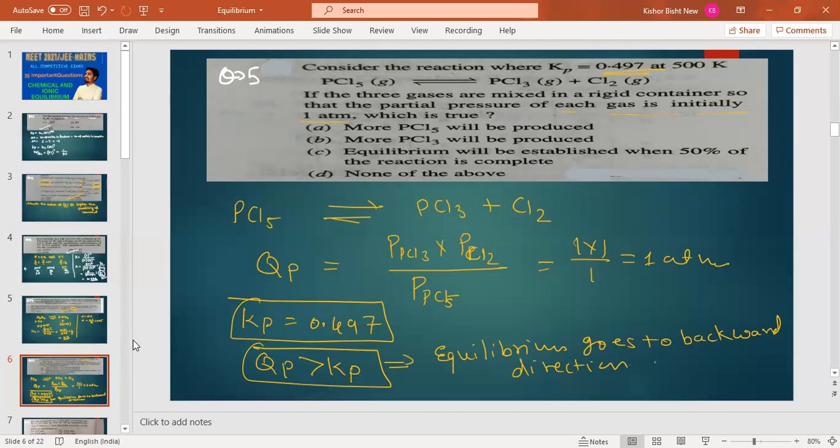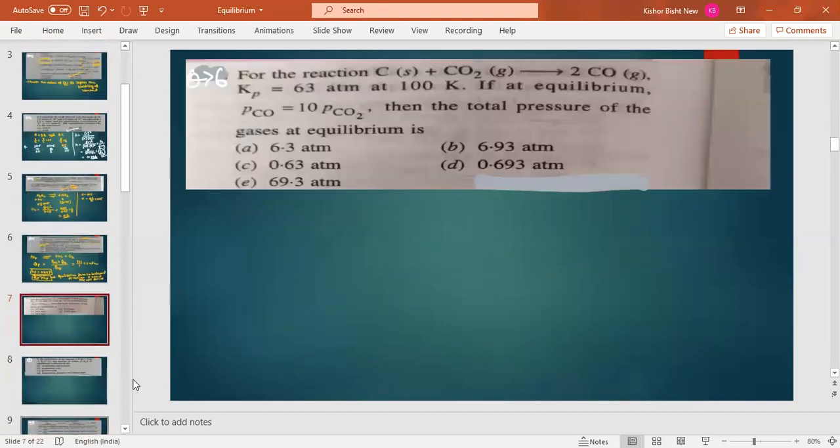If Kp is greater, then equilibrium shifts to the product side. If both are equal, then the system is at equilibrium. Now your answer is A. Come to the next.